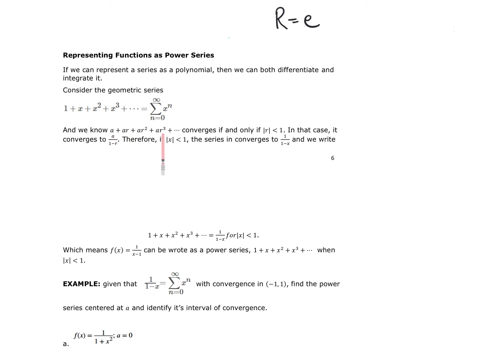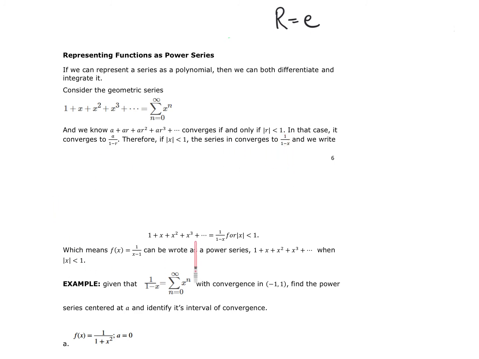We know that this geometric series will converge if the absolute value of my r is less than 1. And it converges to my a, my first term, over 1 minus r. That tells me that if the absolute value of x is less than 1, then it will converge to 1 over 1 minus x.